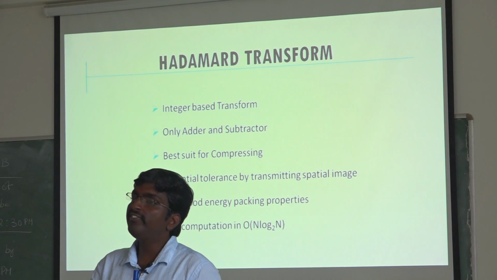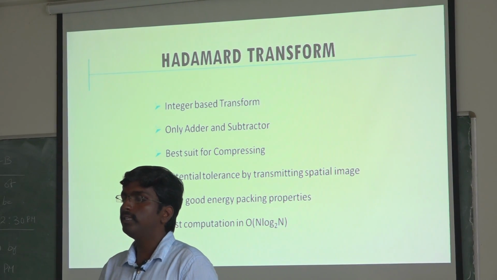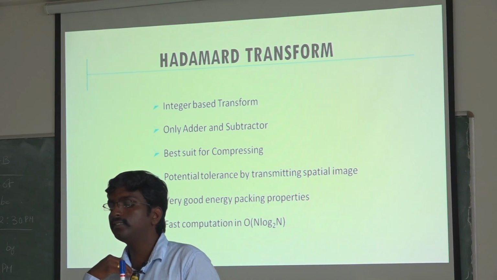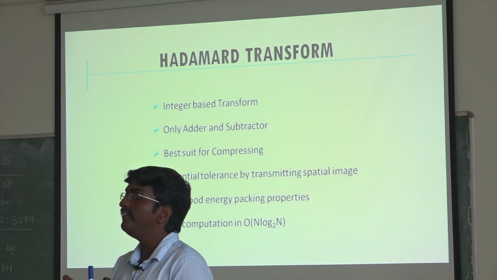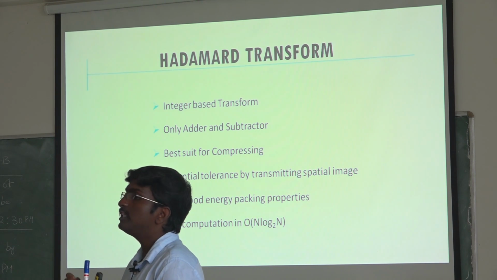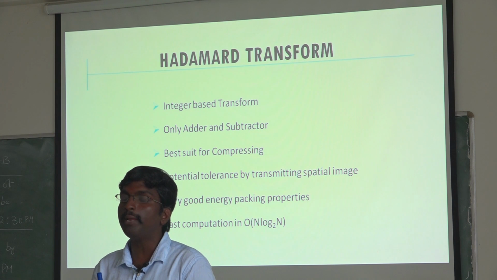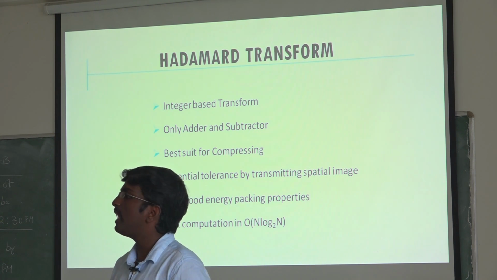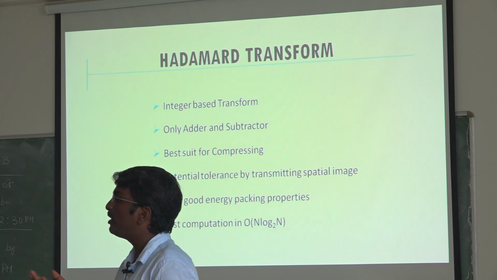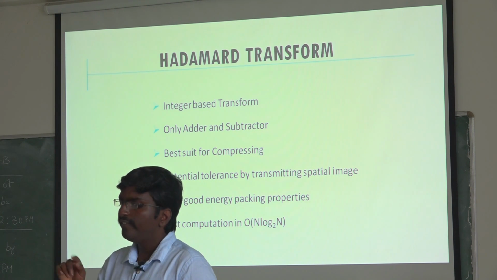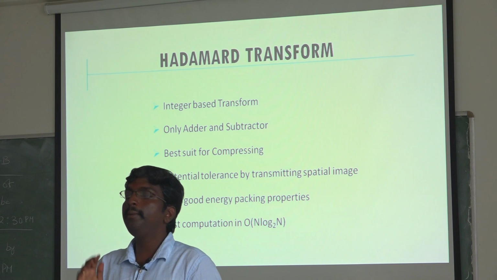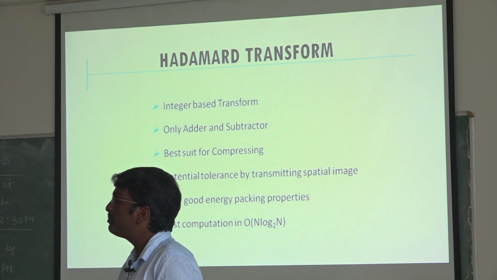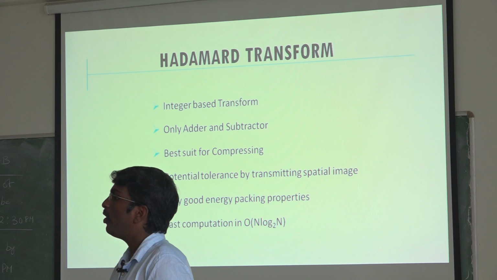And whenever we are transmitting a signal, we can transmit it easily in the spatial domain, not in the time domain. In the spatial domain, the error tolerance for the Hadamard transform is higher compared to the others. So we can easily process this image, and we can easily transmit the data wirelessly or wired.